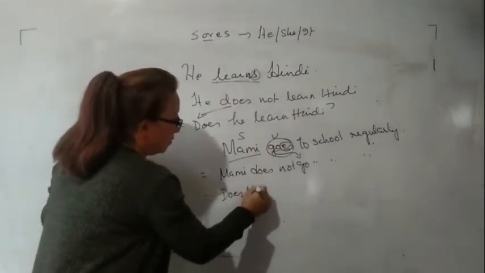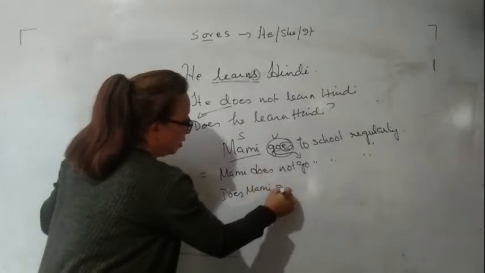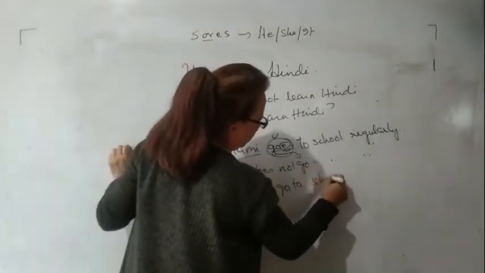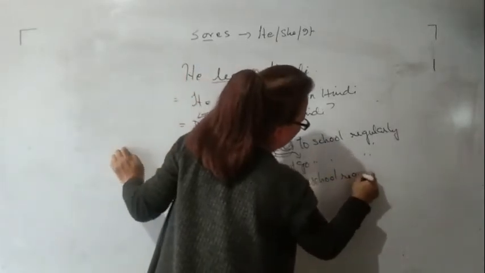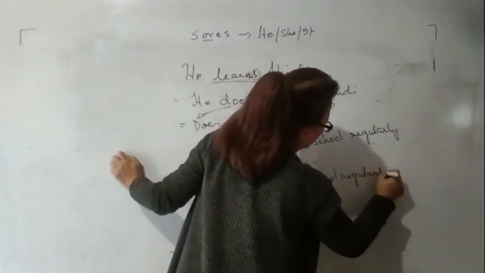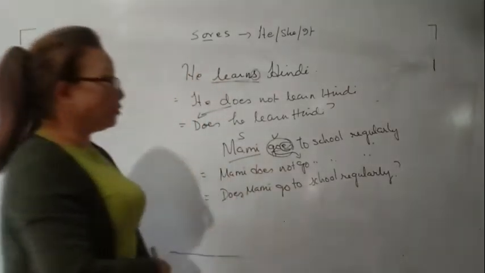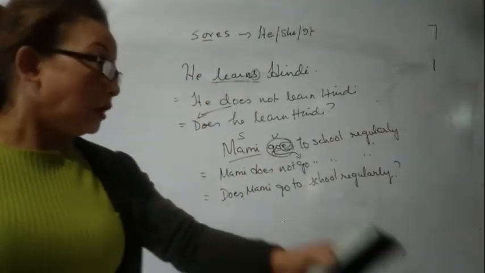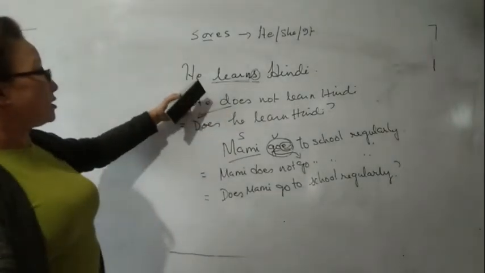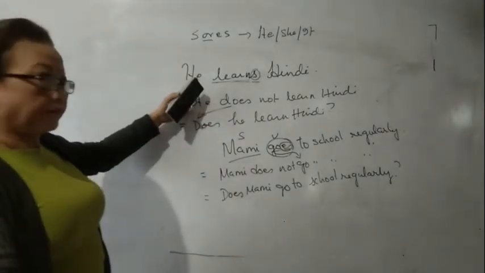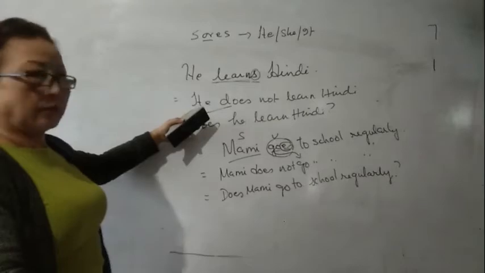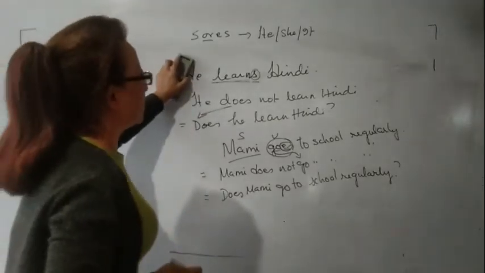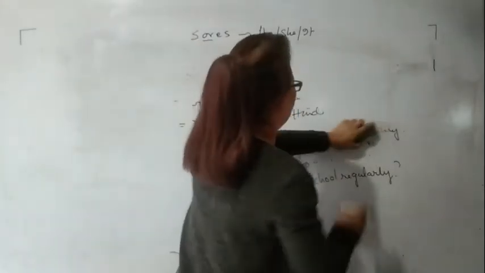Does mommy go to school regularly? So this is how we change the present definite tense declarative sentence into negative and into interrogative. Interrogative means questions. I think it is clear, right?